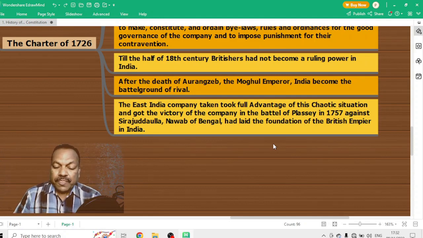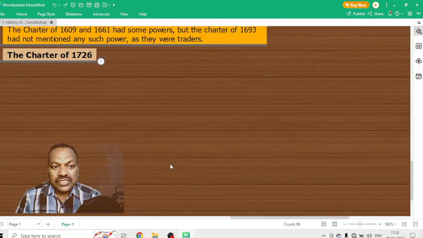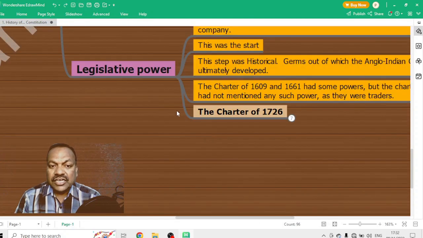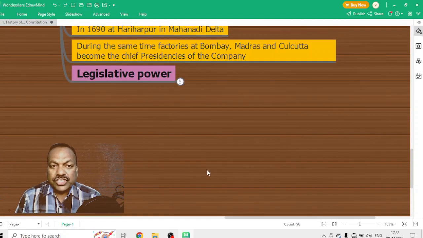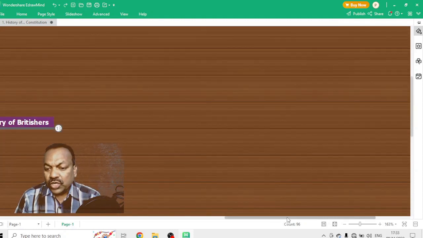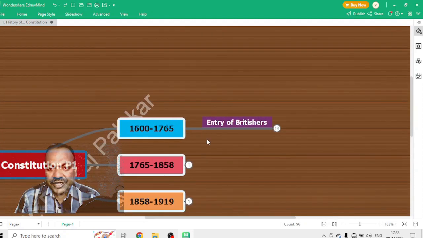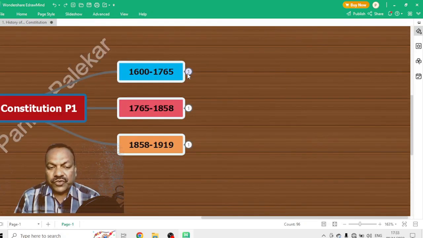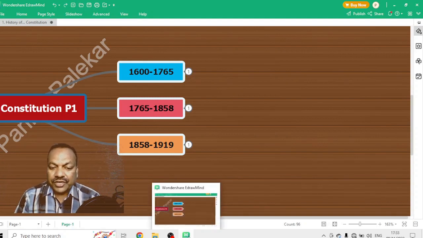In this way, the Charter Act of 1726 started certain laws prepared for the rule of the British in India. So here we are finishing the first phase of our topic, the history of Indian Constitution.